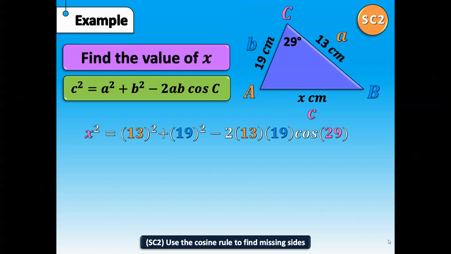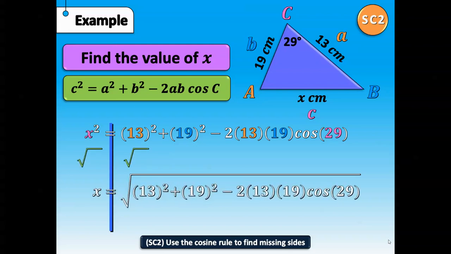Now we can just substitute those values into our cosine rule. And because it's x squared, we need to square root both sides. So this is what we need to type into our calculator.